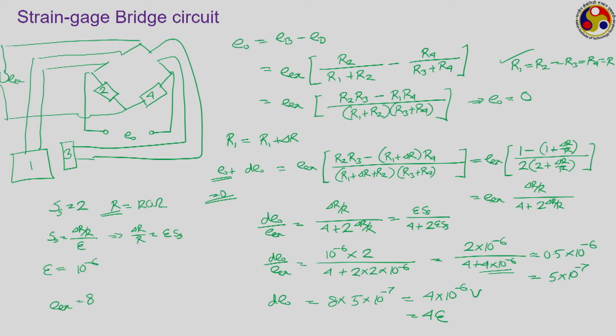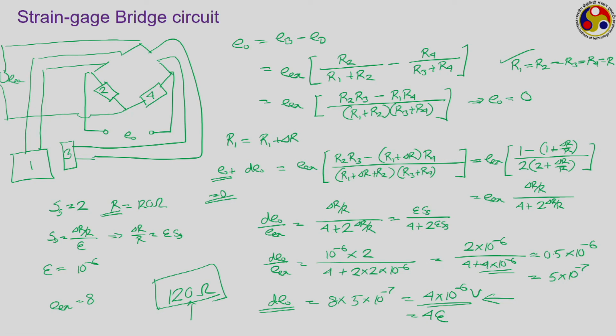The change in output voltage is the same as what we got in the case of the ballast resistor, but the advantage here is that in the ballast resistor case we are trying to compare against an initial value, and with respect to that we are trying to get a voltage value. But here we are not comparing this value with respect to that, rather we are only sensing this amount of voltage.